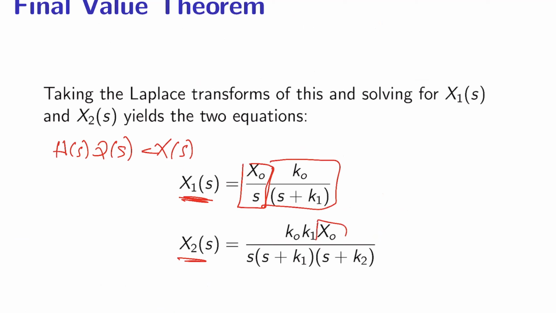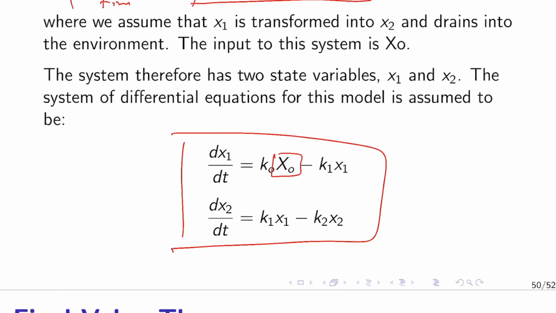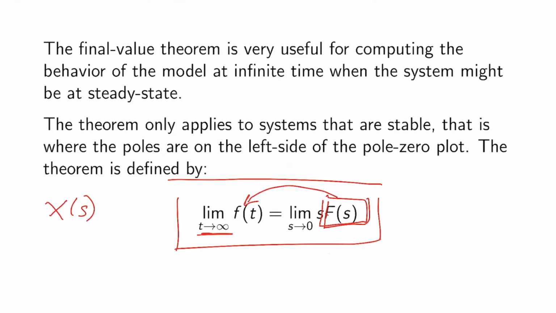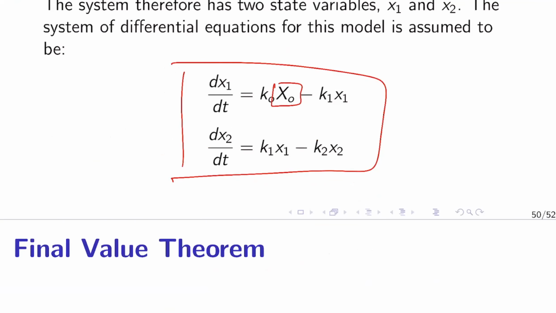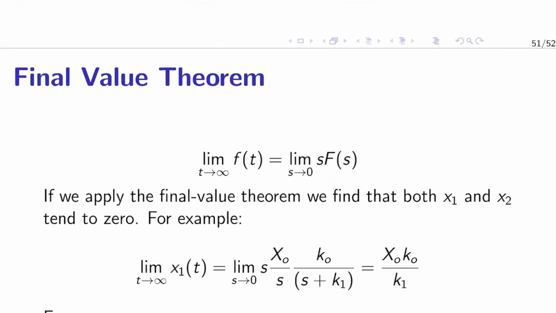This piece here is Q of S, and this chunk here is the transfer function. But I need the full transform, so I need to plug these into here. I've written it down here again. So you plug X of S into here, multiply by S, and then take S to 0. That's what you have to do.